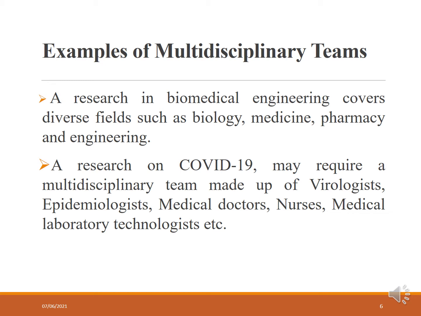And therefore, a research in biomedical engineering may need experts from biology, medicine, pharmacy, and engineering. Therefore, we need a biologist, a medical doctor, a pharmacist, and an engineer to collaborate and conduct research in biomedical engineering.